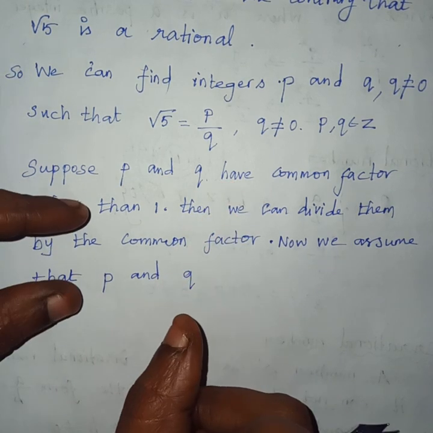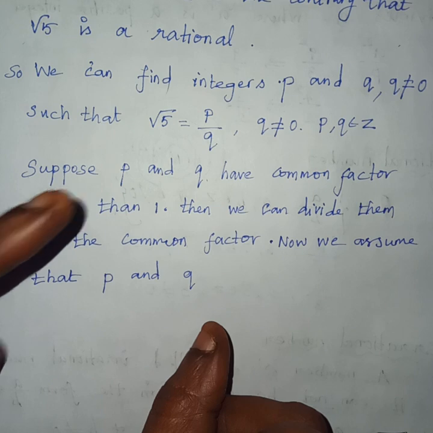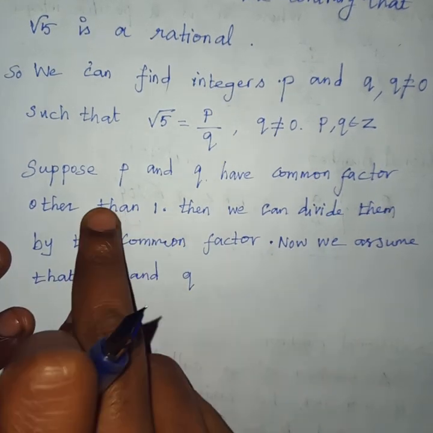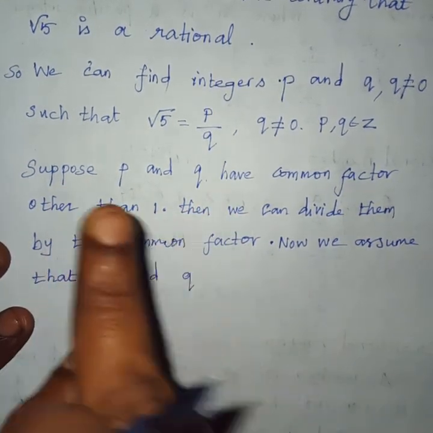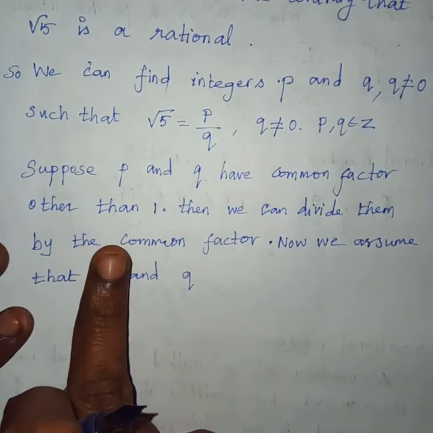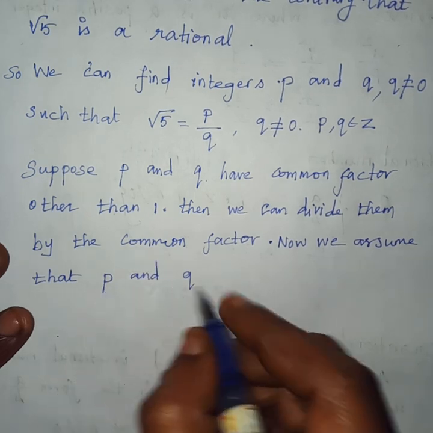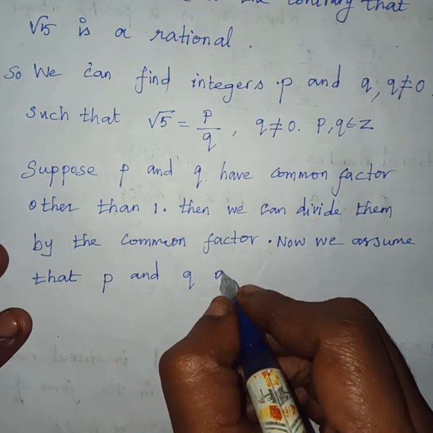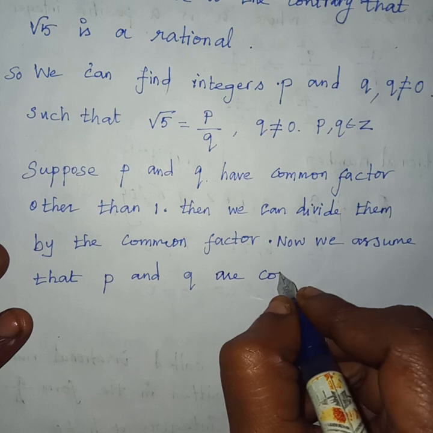The definition of co-prime is that they have the common factor 1. So after dividing out any common factor other than 1, we have 1 alone, so p and q are co-prime.